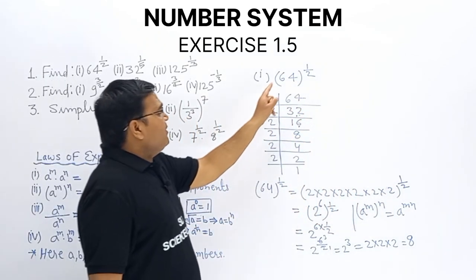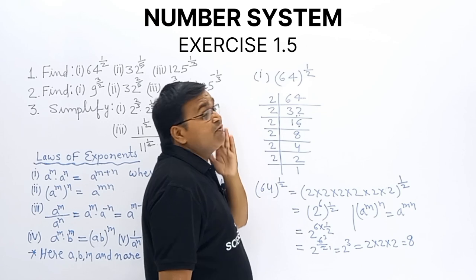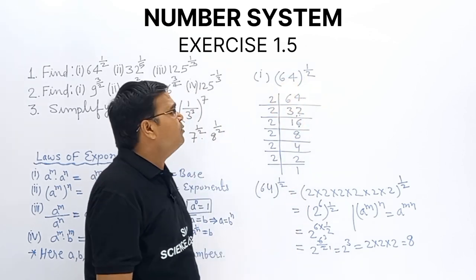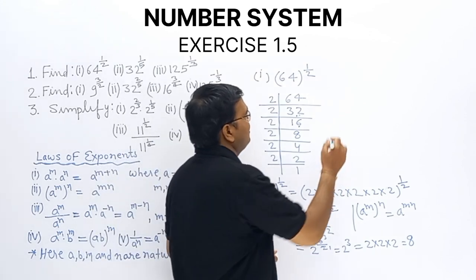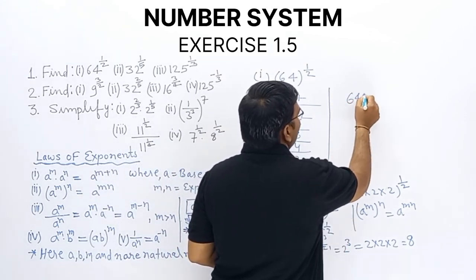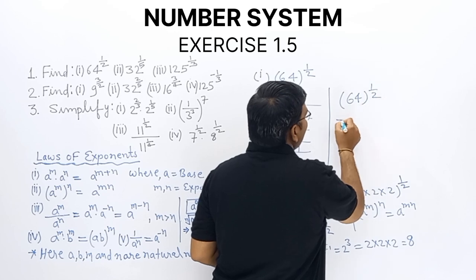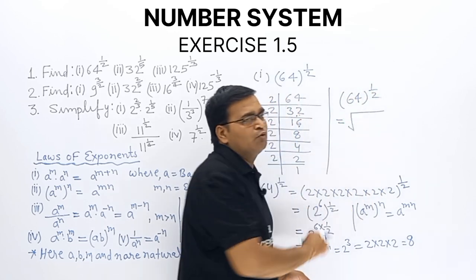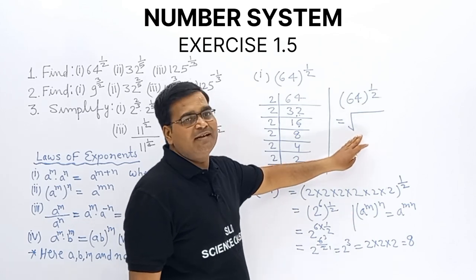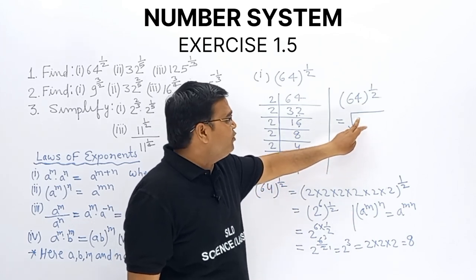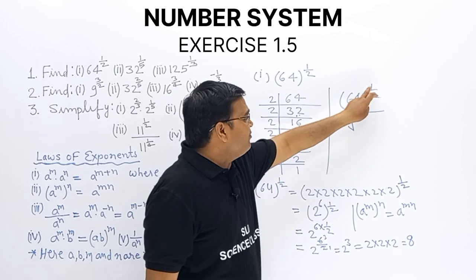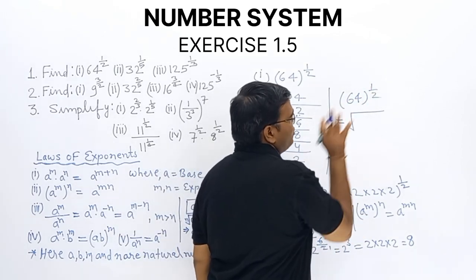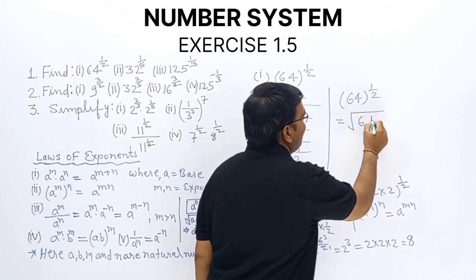How? If a number has power 1 by 2, what is the meaning of this? If a number has power 1 by 2, it means we can remove this power and use the radical, the root symbol. 1 by 2 is converted into root, using the radical symbol, and put 64 inside.